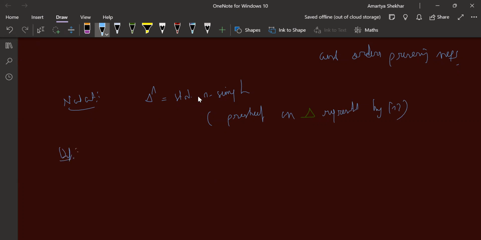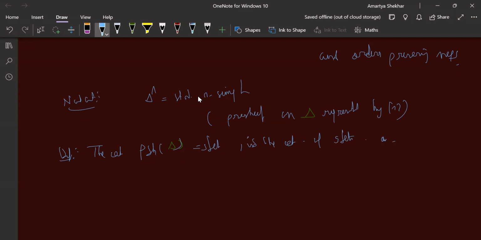Now let me give a definition. The presheaf category on the category of simplices I denote by this, which is the category of simplicial sets.